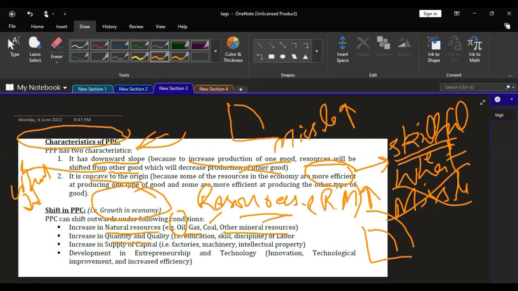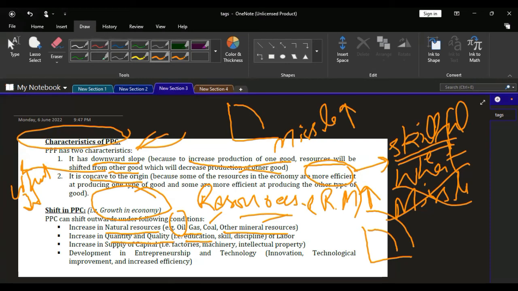Increase in the quantity and quality. Sometimes the quality and the quantity of the product matter a lot. For example, if the commodity is such as health or education or a facility or service that will benefit the economy at a greater level, you have to devote more and more resources towards it.